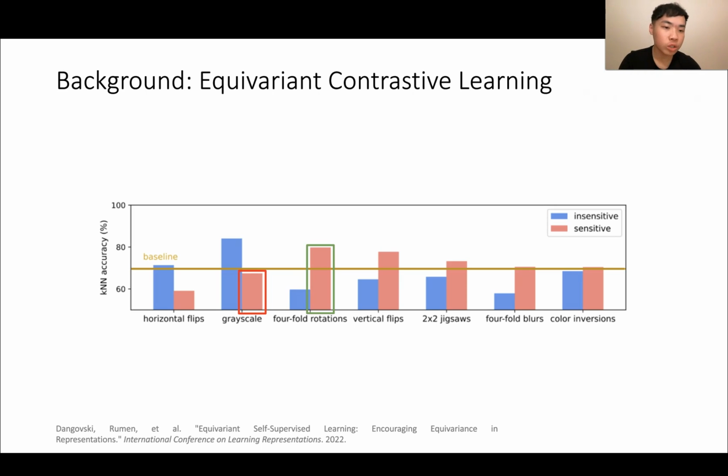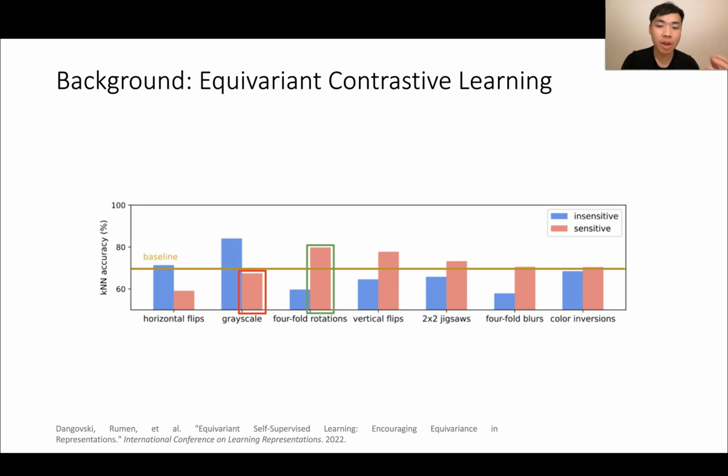And if you train the model to be sensitive to 90-degree rotation, the performance is actually better than the baseline. So the results show that all the augmentation methods should be useful in some ways, but you need to choose the right way to utilize them. For grayscale, you should make the model insensitive to it. And for 90-degree rotation, you should make the model sensitive to it.